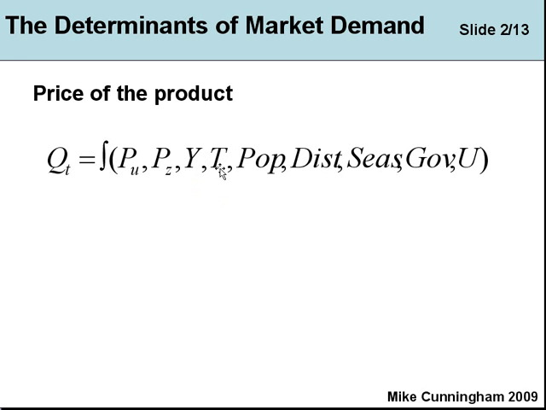So T for tastes. The amount we buy of a particular commodity might depend on the population. The more people there are in a country, the bigger the demand. Makes sense. It depends on the distribution of income within the community. If there are only a few rich people and everybody else is absolutely poor, perhaps the demand will be very small.